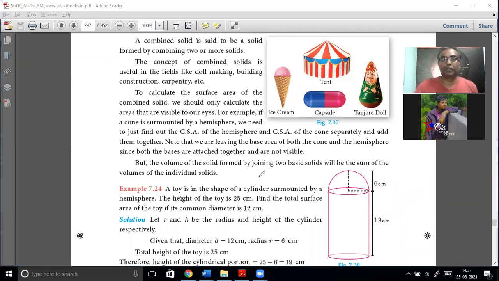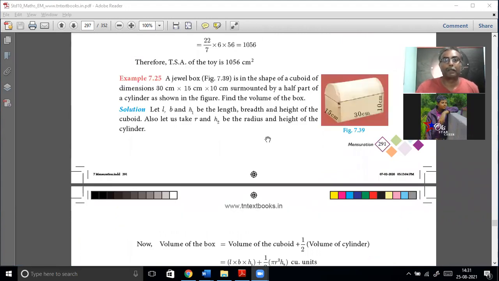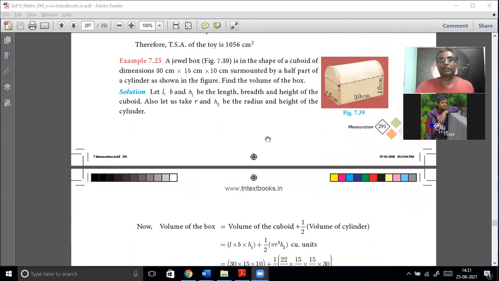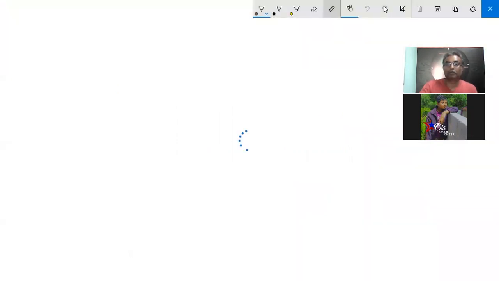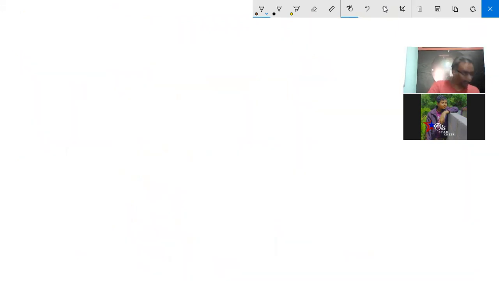Okay, let us go to the next sum. Next example we'll see. Now here is one jewel box. It's in the shape of a cuboid. Now let us work out this example, example 7.25.